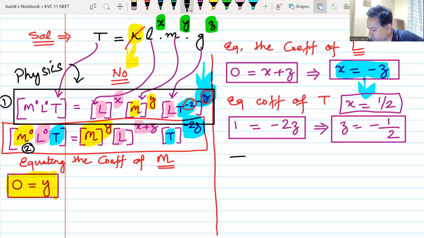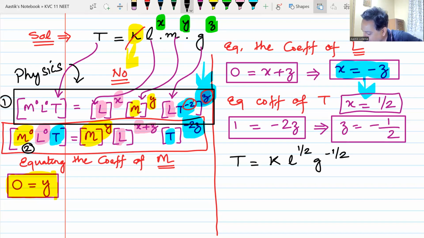T will be equal to k. Again, I don't know the value of this k. k into m is L raised to the power of half. So L is raised to the power of half. M is raised to the power 0, I will not write it. Into G raised to the power of minus half.